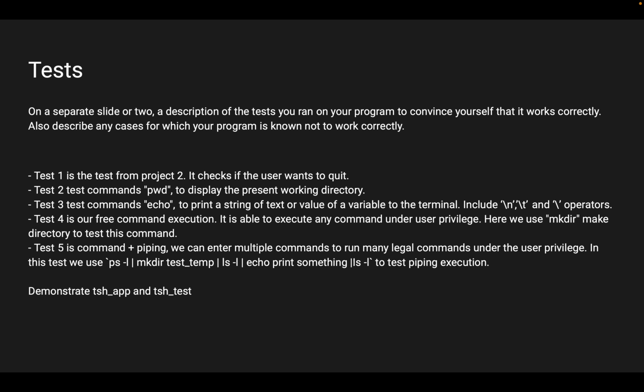And also we can do the echo prints. Test 5, the pipelines, runs all the different commands at the same time. So here I'm going to demonstrate how it's running.